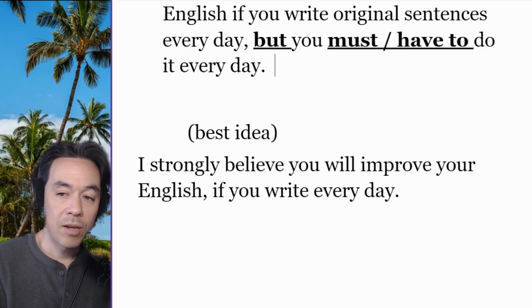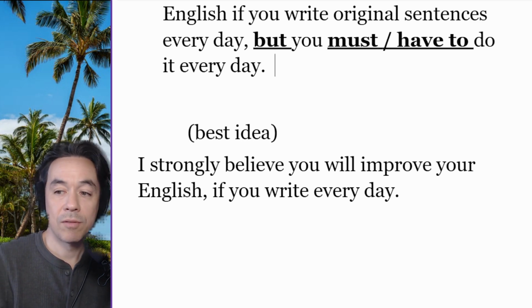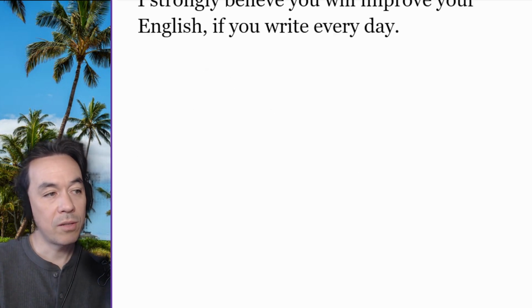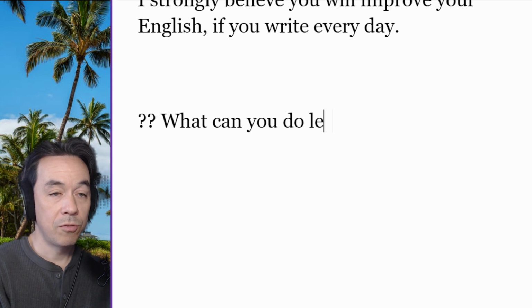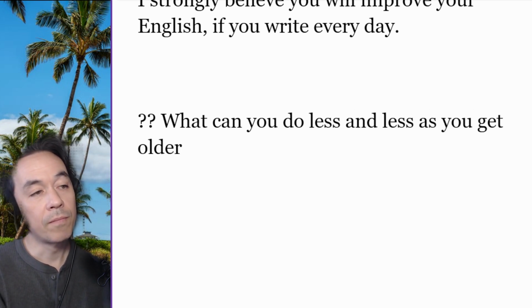Well, the other two exercises are just kind of original answers. Should I do that here? I'll do it. The question is, what can you do less and less as you get older?